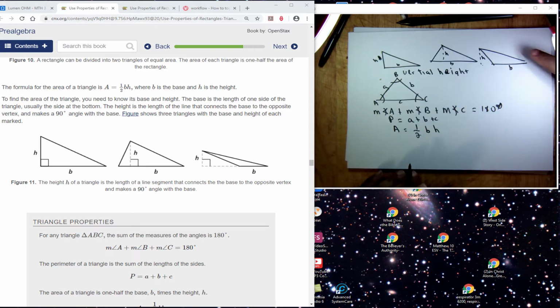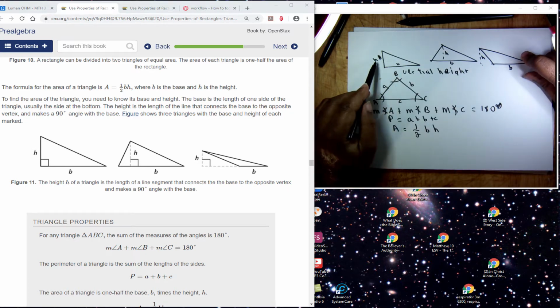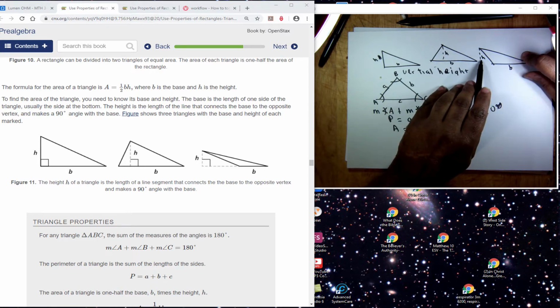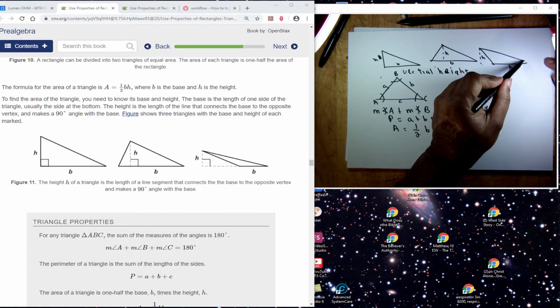So up here I have 3 different scenarios. You can have the vertical height and the base this way, like this, or like that. The formula is still the same.